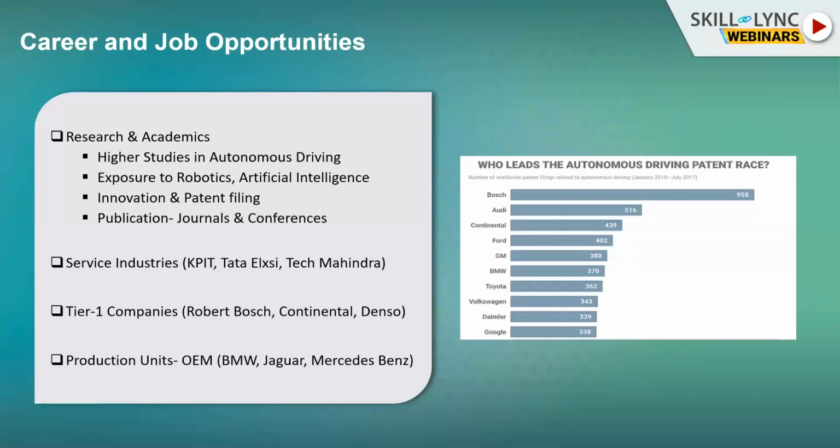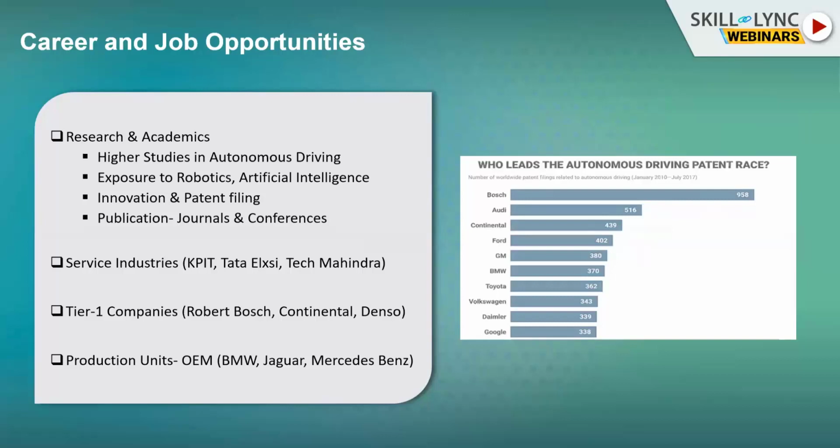People can pursue higher studies in autonomous driving and get a lot of exposure to robotics and artificial intelligence. As it's an emerging technology, there's a lot of innovation, patent filing, publications, journals, and conferences. Currently, as you can see, Bosch is leading the patent race.